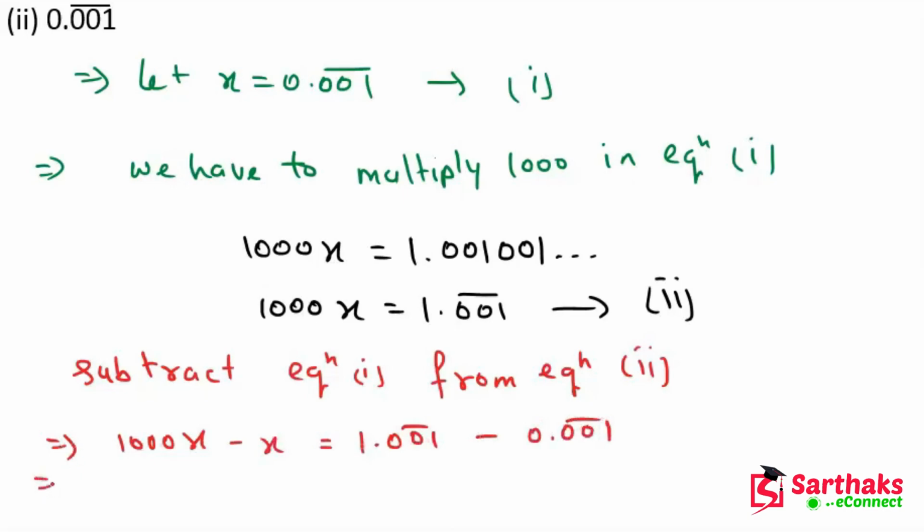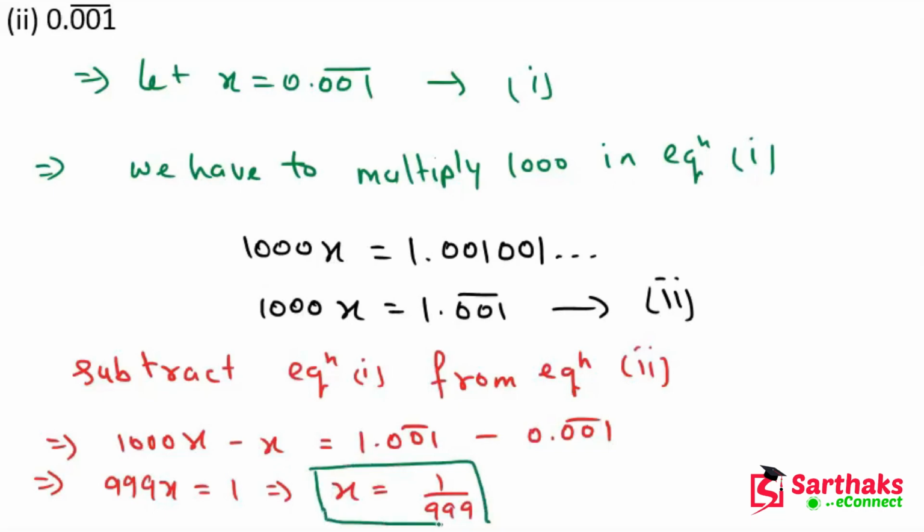So this will give 999x is equal to 1, which means x is equal to 1 upon 999. So this is our required answer. I hope, my dear friends, you understand these things.